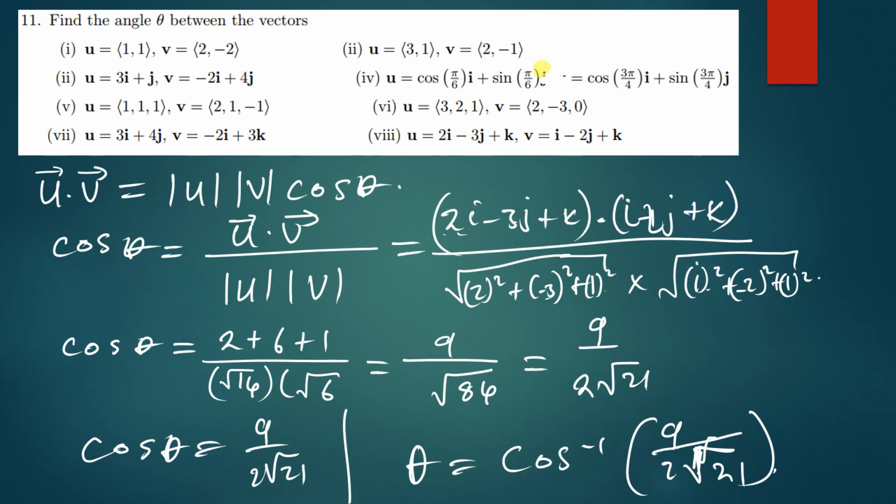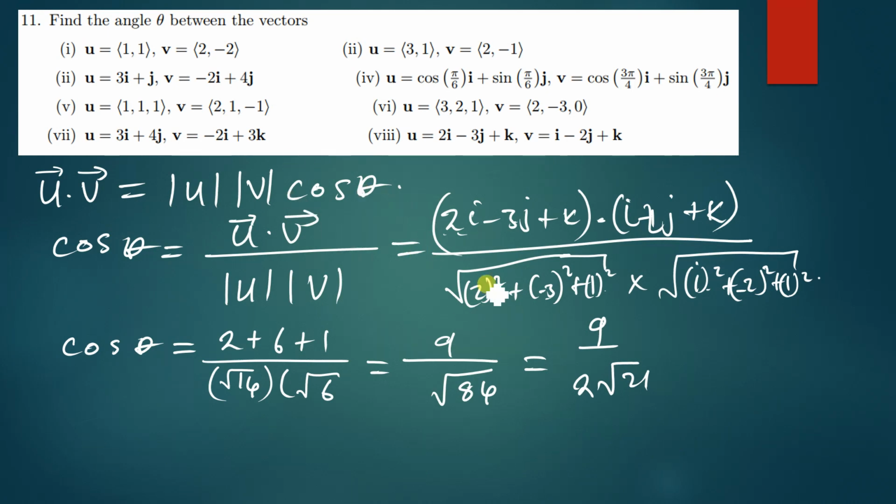I know someone is looking at question 4 as a very tough question. It's simple. Let me just show you how to find the dot product of that. So finding the dot product of this is simple.